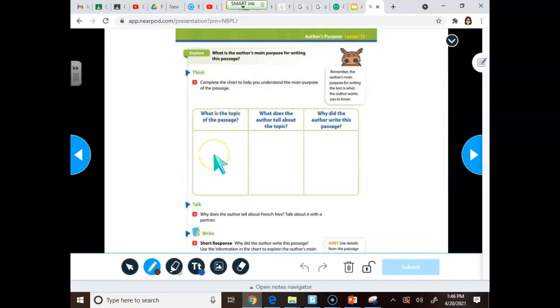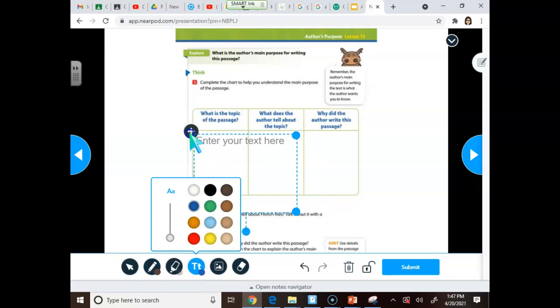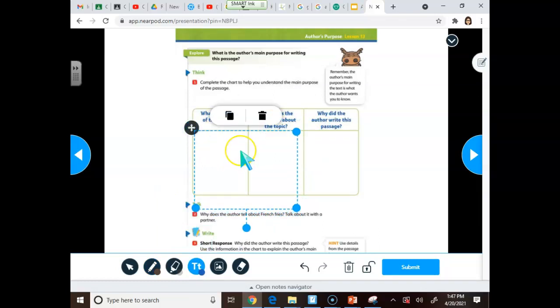First, we need to think about the topic of the passage. Guys, what is this all about? What did we learn about? How potato chips were invented.